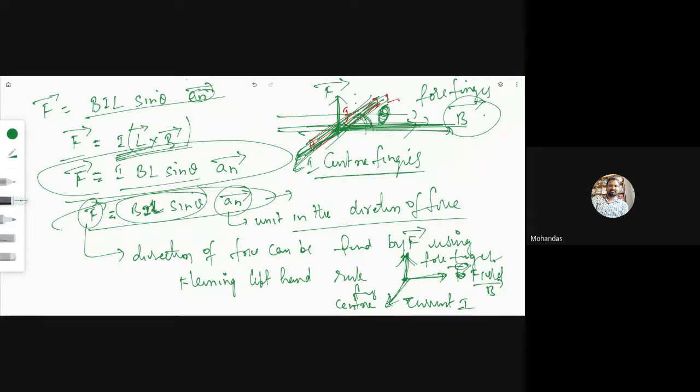Okay, now the third force. Before discussing the third force, let me do a small problem on it.